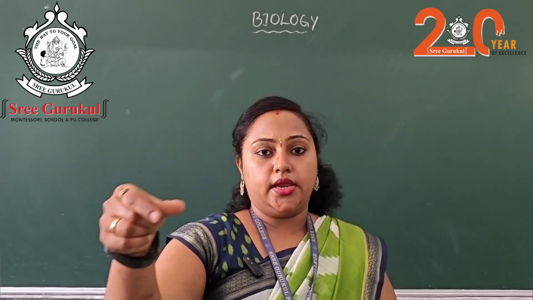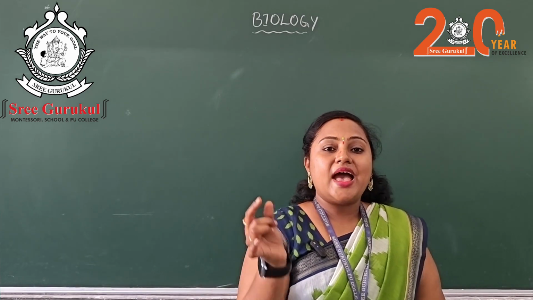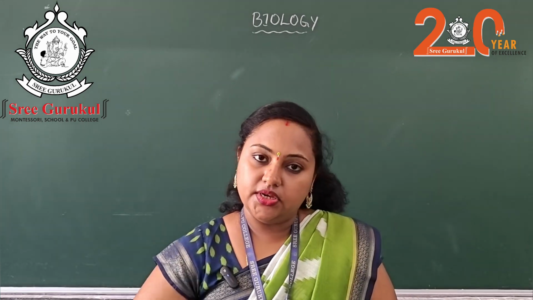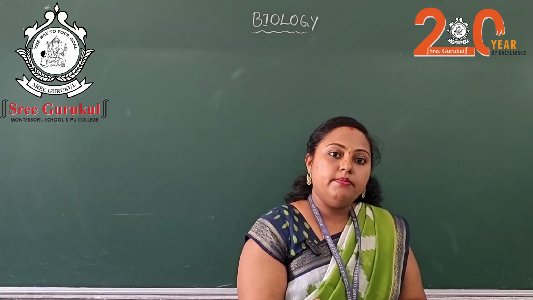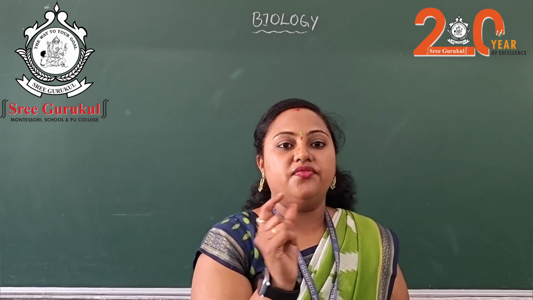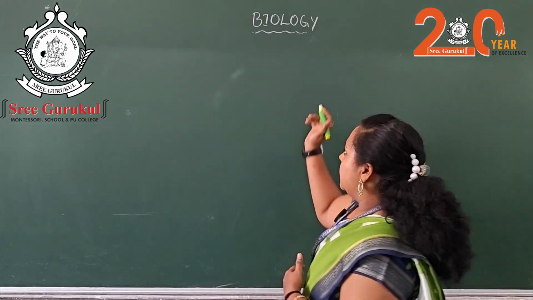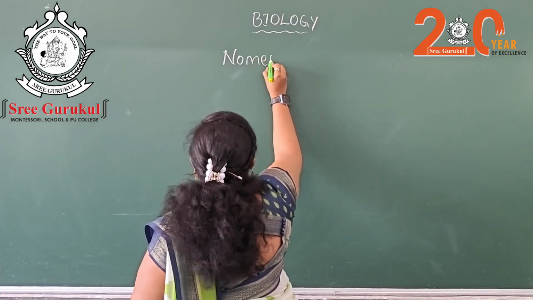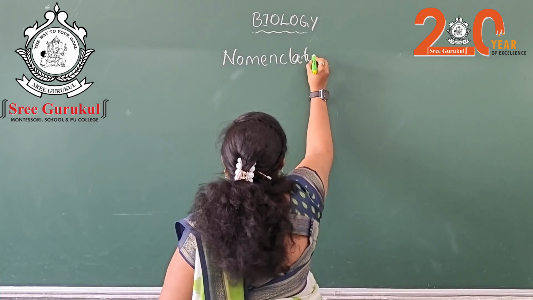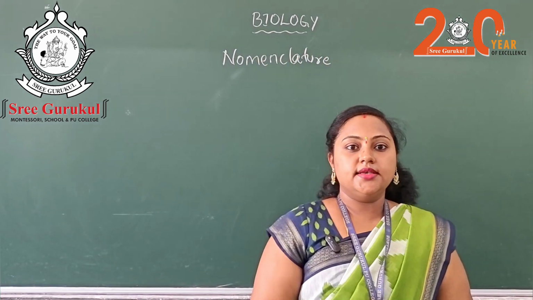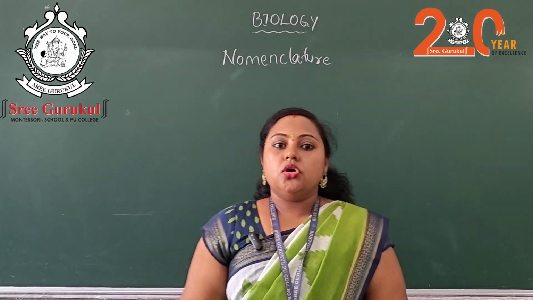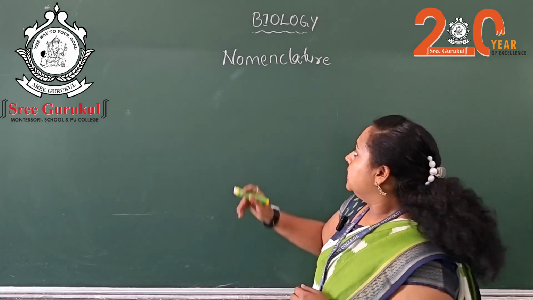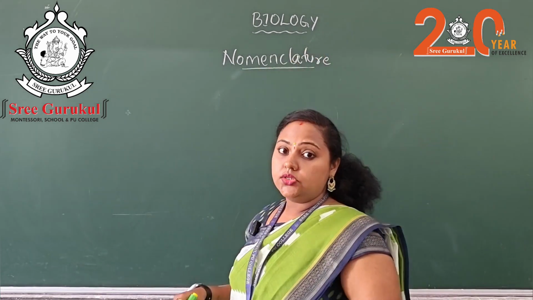To solve this kind of problem, the biologists started naming those organisms scientifically. The system of naming organisms with scientific names is called nomenclature.